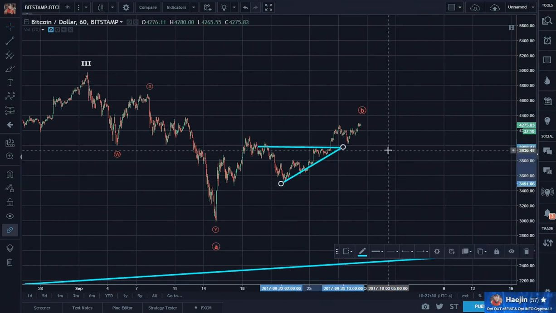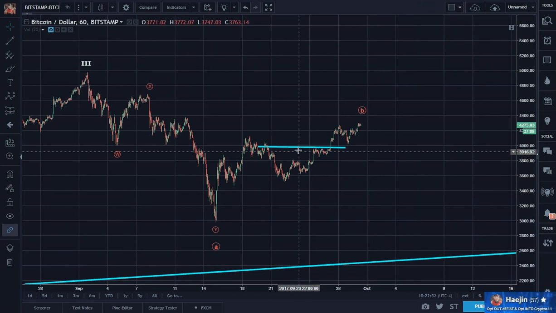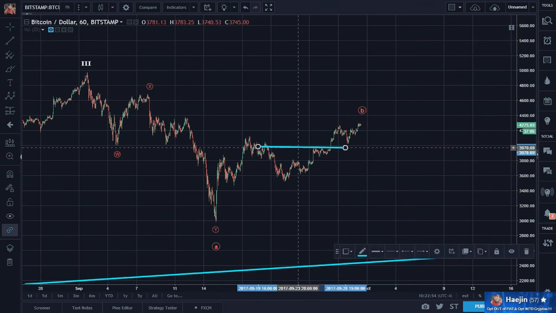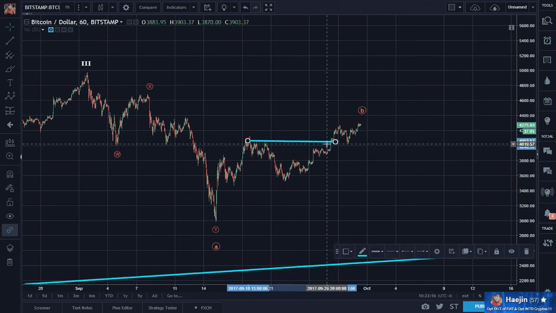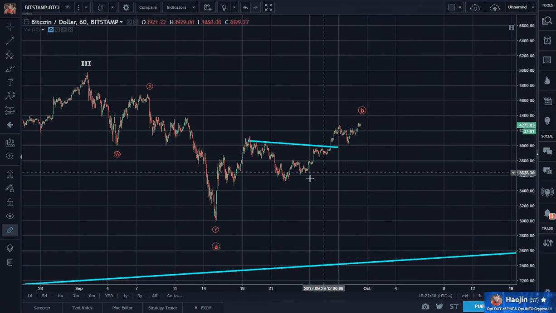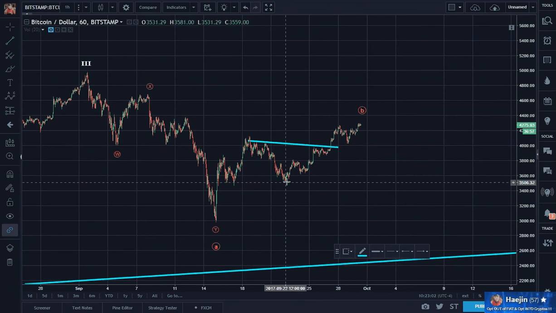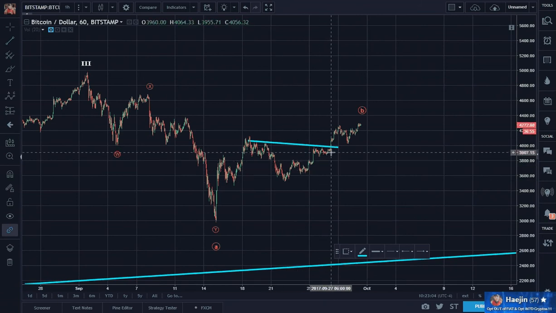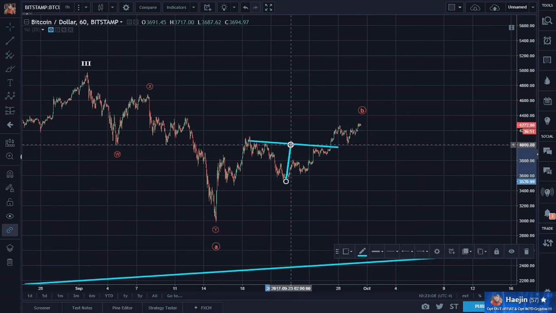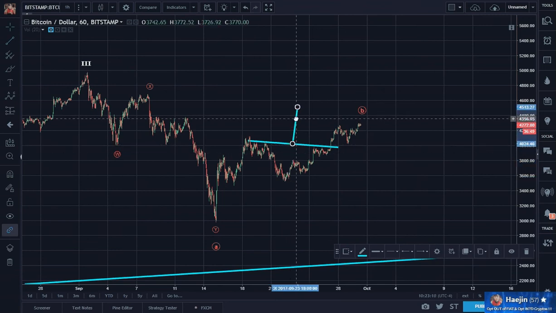We saw that happening, right? We also saw here a very nice classic inverse, upside down head and shoulders. And this one has a target of 4,500.